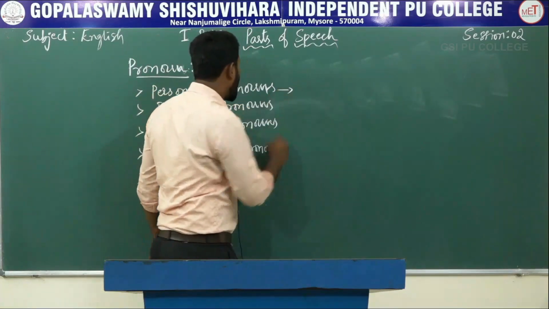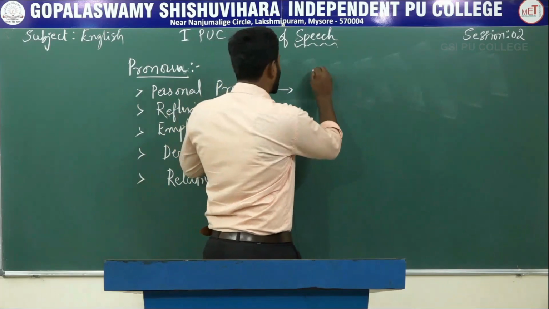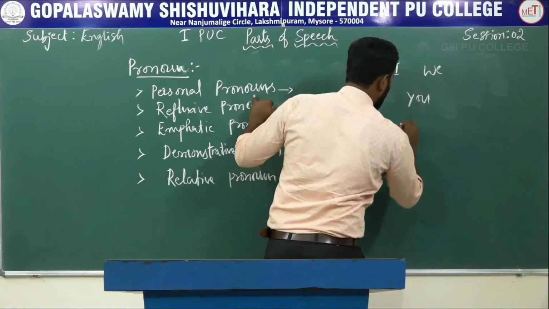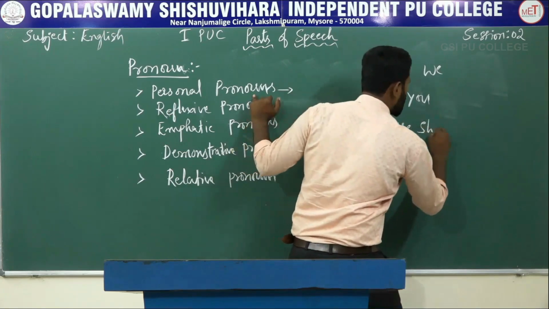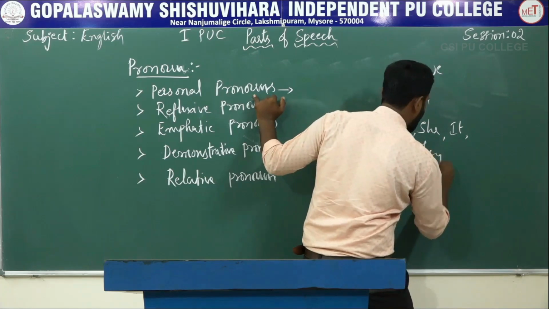First one is personal pronouns. What are the personal pronouns? Personal pronouns are I, we, you, he, she, it, and they.